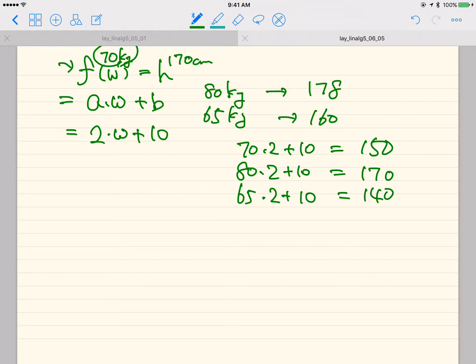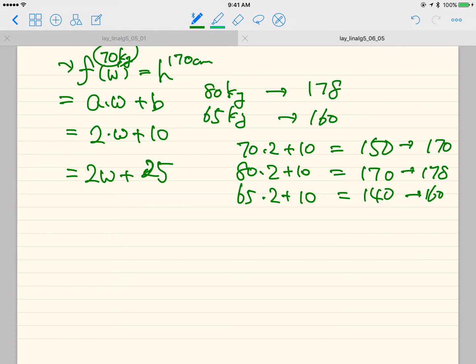Is this a good model? It's not good, because it's underestimating your true height. It's all underestimated. The true values were 170, 175 and 160. So this is clearly not a good model. Then what about 2 times W plus maybe 25?